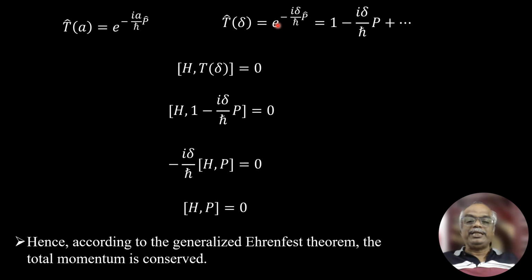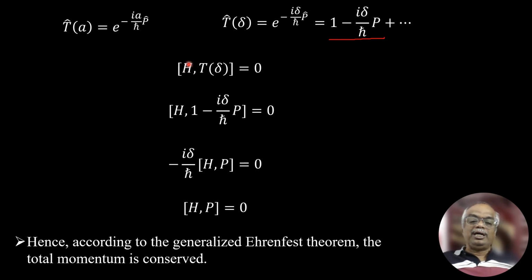It can be written as e power minus i, instead of a, I am using delta over h cross P. Using Taylor expansion, this can be written as 1 minus i delta over h cross P, plus higher order delta terms, which I am ignoring because delta is very small. Delta squared is even smaller. So I can approximately take only the first two terms.